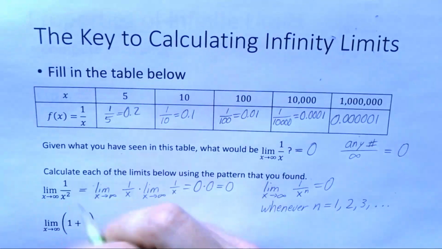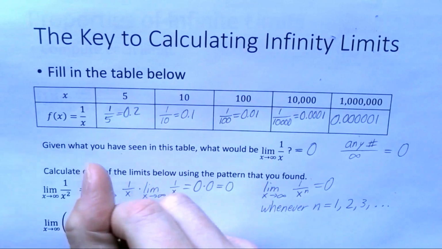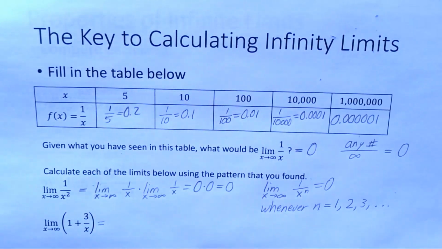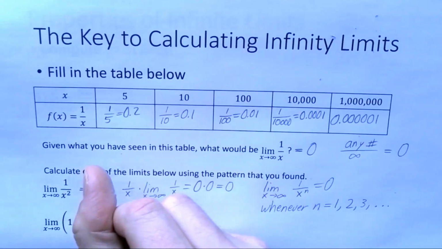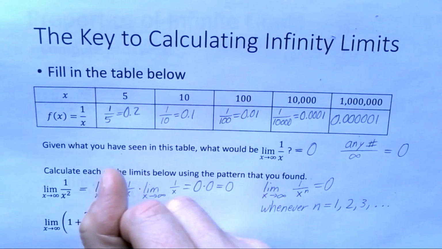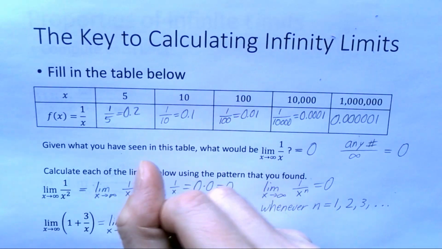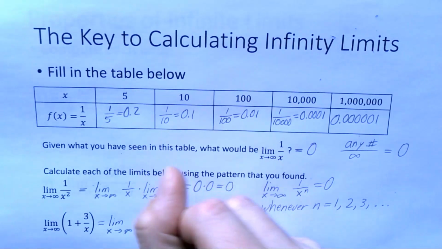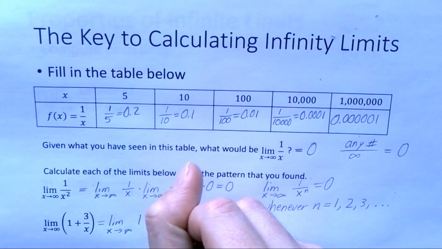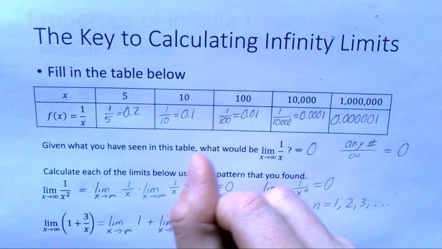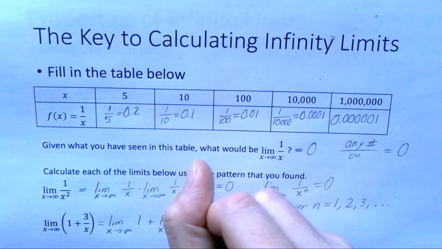Now, if we look at the second limit, we could rewrite this, because with regard to limits, you can rewrite the limit of a sum as the sum of two limits. So this becomes the limit as x approaches infinity of 1 plus the limit as x approaches infinity of 3 over x.